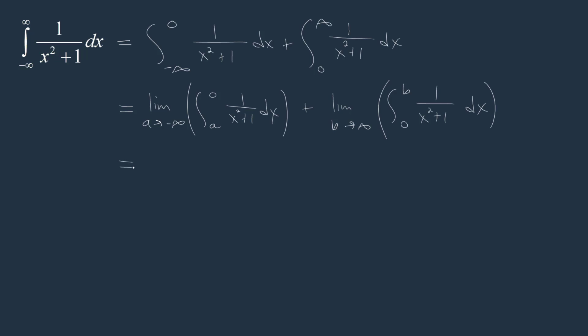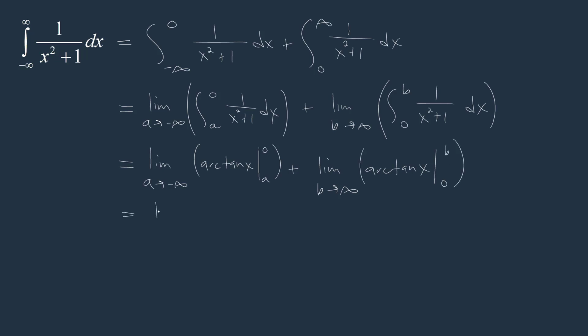So that then is equal to the limit as a were to decrease without bound of the arctangent of x, we evaluate that from a to 0. That's plus the limit as b were to increase without bound of, once again, the arctangent of x as we evaluate that from 0 to b.